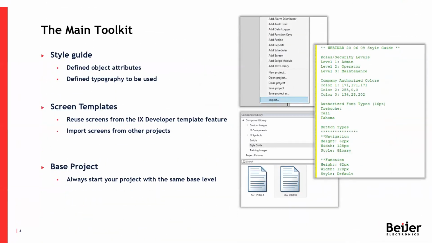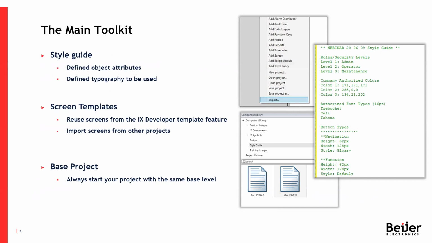Now, create a toolkit. All right, the toolkit could be a number of different things. For instance, a style guide. All right, the style guide could consist of what types of buttons you use, the formatting, the text that needs to be applied, all those things around keeping your project consistent from the home screen, the landing page, to the last maintenance page.